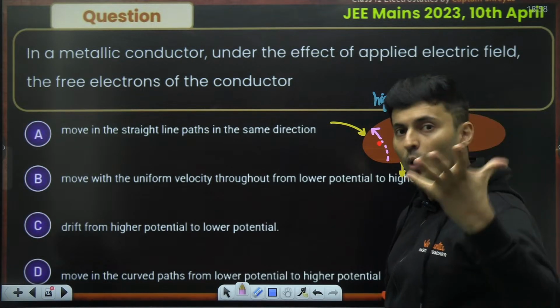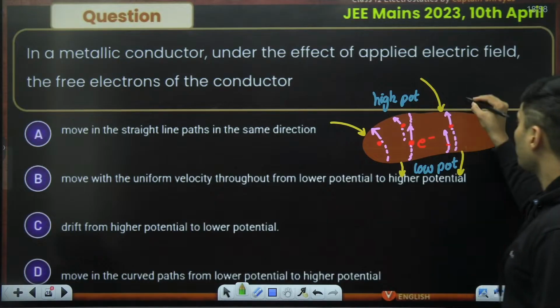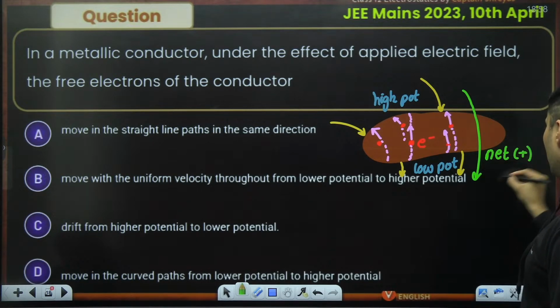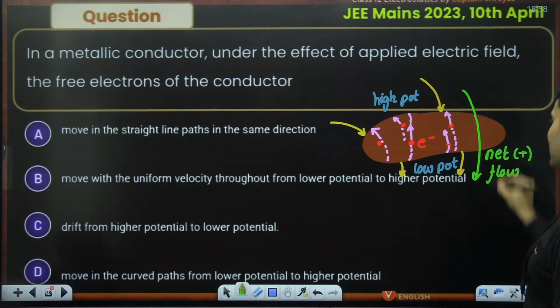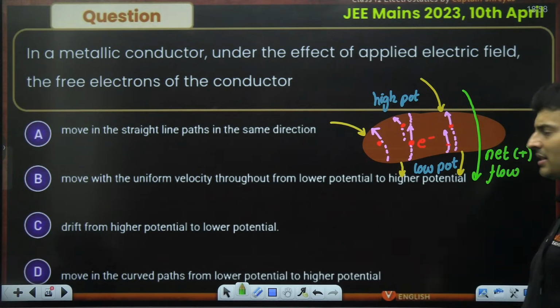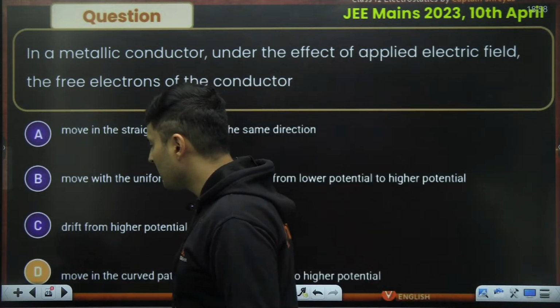But the net flow of charge, think about it, is happening from higher to low. So the net positive flow will always happen from high voltage to low voltage. But depending on the sign of the charges, the negative charge will always go from low to high. So I think the answer will be D.